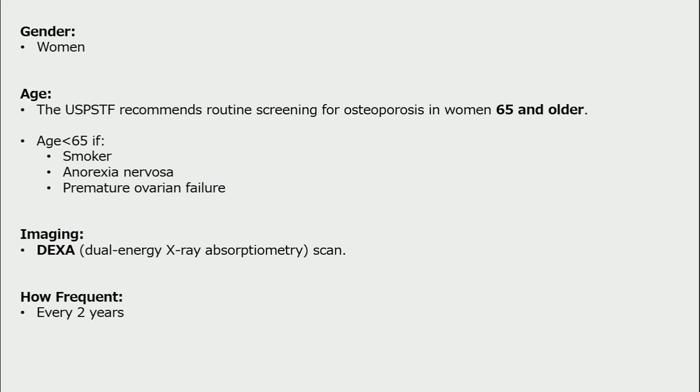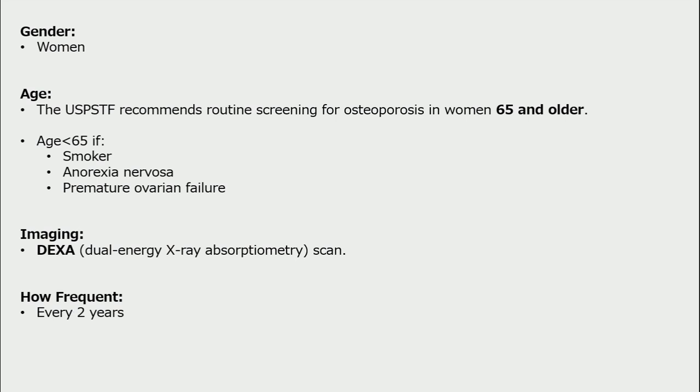There are also some indications for those whose age is less than 65. If the patients are smokers, have anorexia nervosa, or have a history of premature ovarian failure, we usually go for DEXA scans. And how frequent? Every 2 years. So women 65 and older, every 2 years, with a DEXA scan.